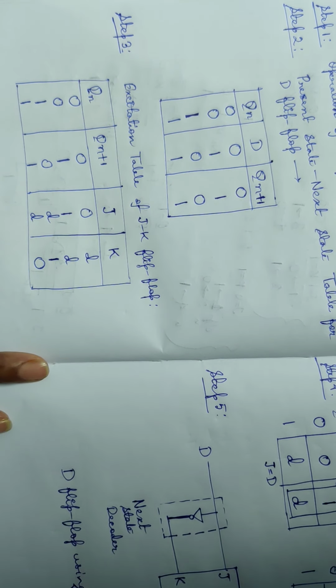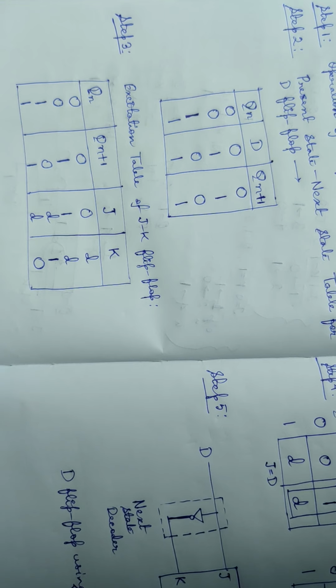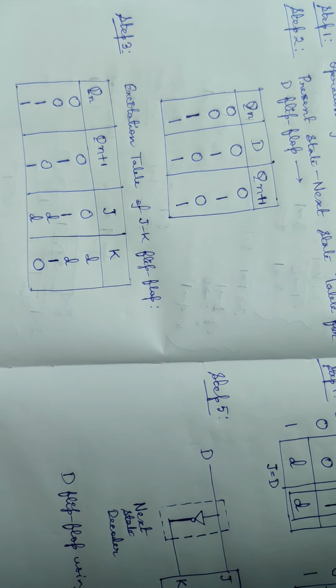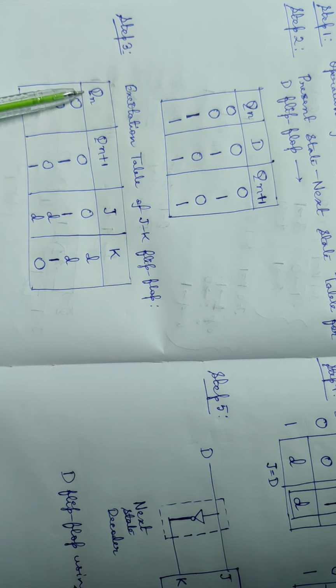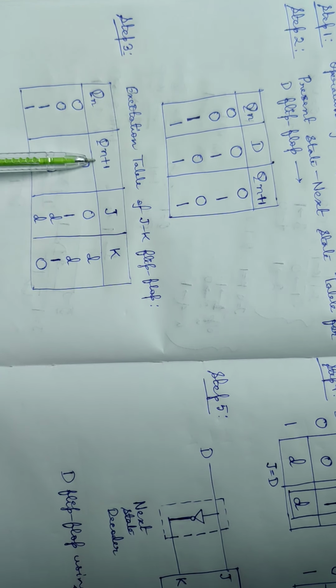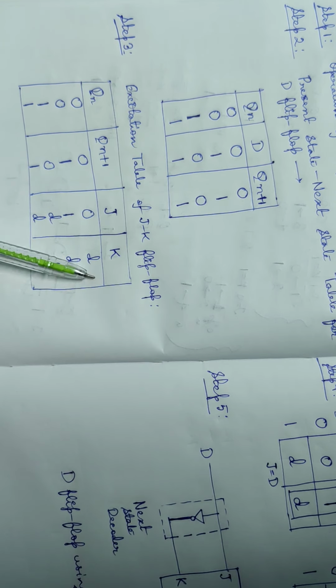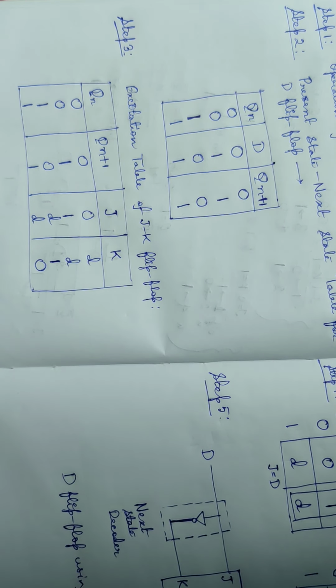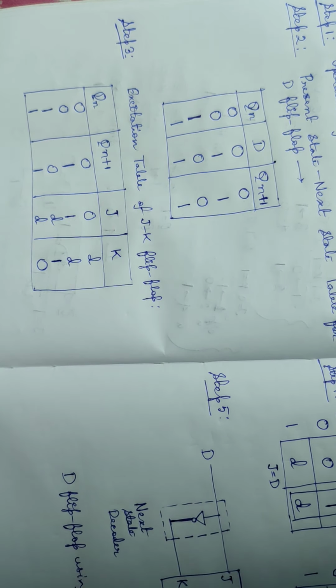First, coming to the excitation table of the JK flip-flop, you already know about it, so I am not explaining it now. This is Qn, the present state output. Qn plus 1 means the next state output. J and K are the inputs to the JK flip-flop. This is the excitation table of the JK flip-flop.